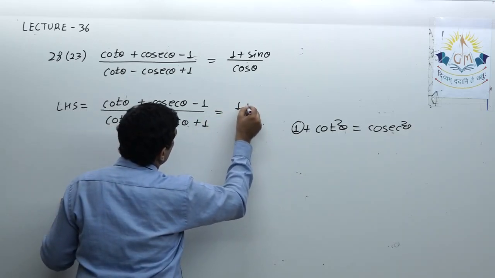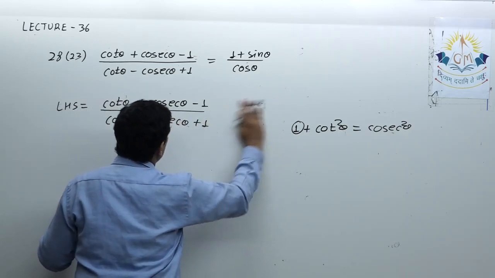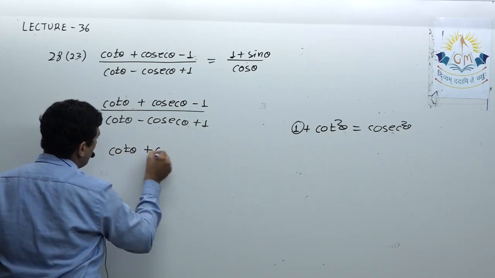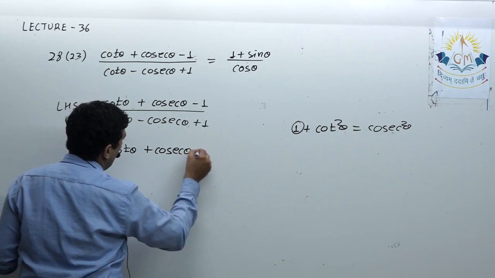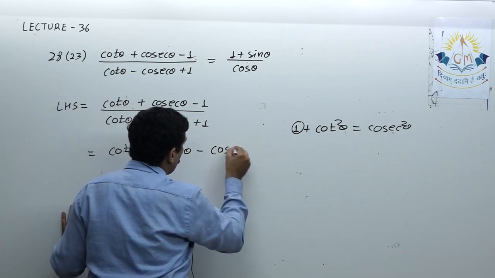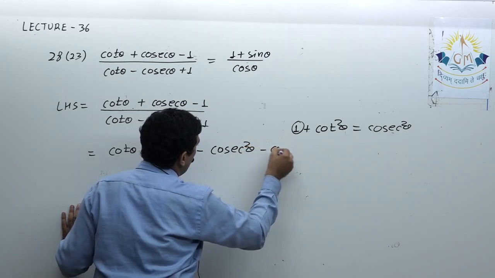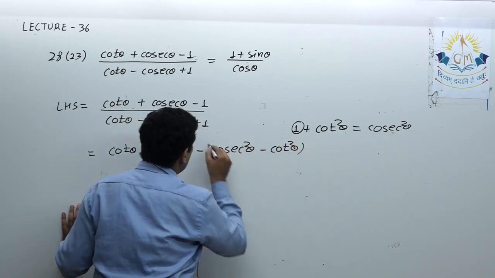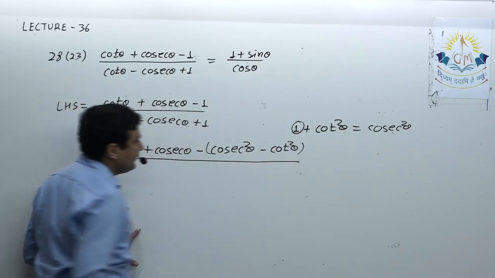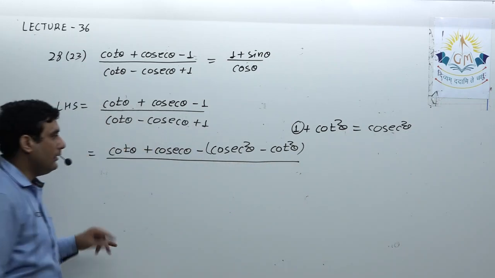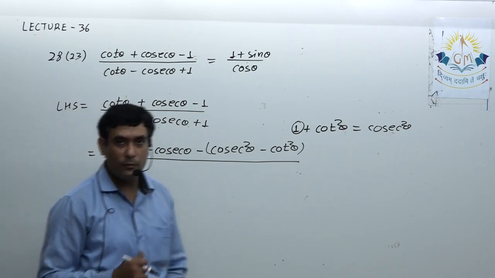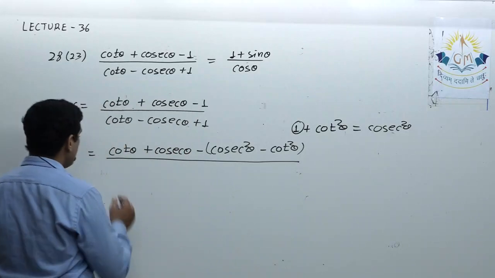So now cot theta plus cosec theta, and in place of 1 I write cosec square theta minus cot square theta. As I told you, whenever you get this type of expression, you have to simply replace 1 by cosec square minus cot square or sec square minus tan square.